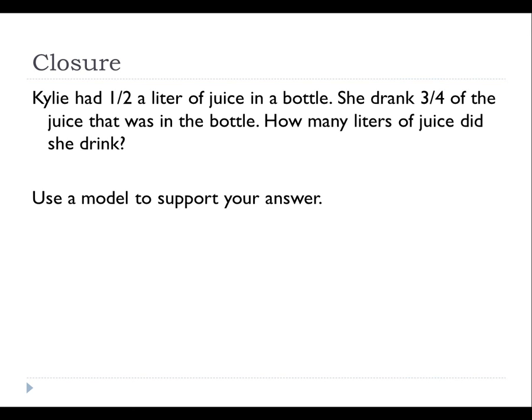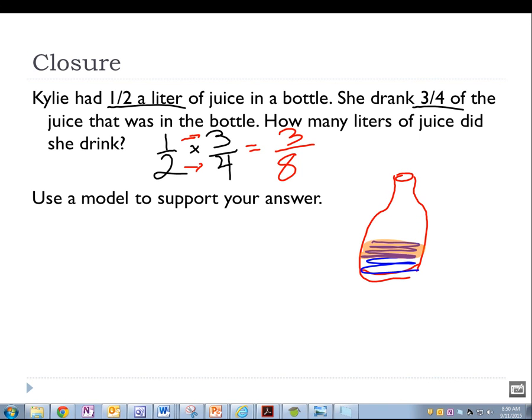She drank 3/4 of the juice that was in the bottle. It would be less than that. As far as the whole thing goes, that time she drank 3/8 liters. You're right.